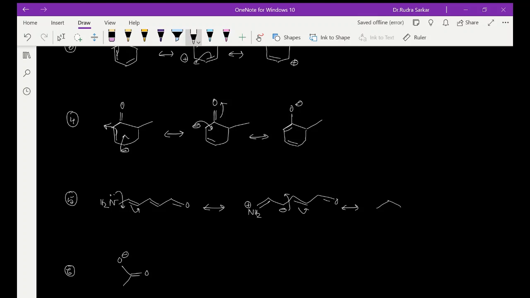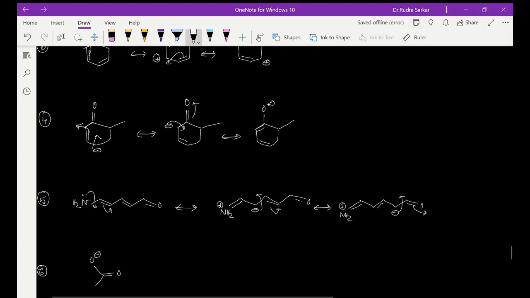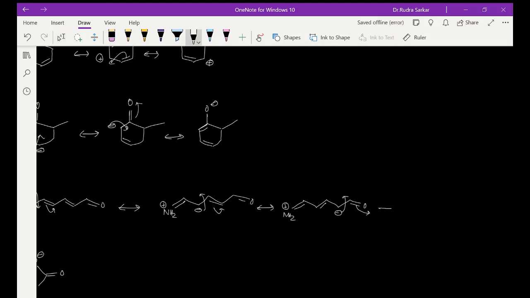So it means we will get the following resonating structures, which again moves in to give you the fourth resonating form.